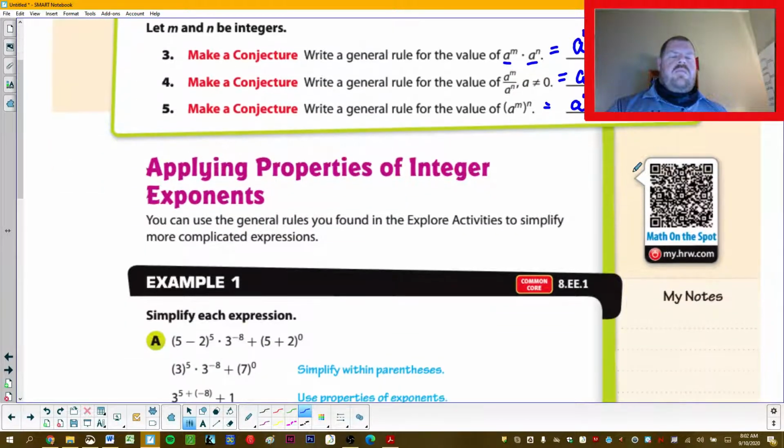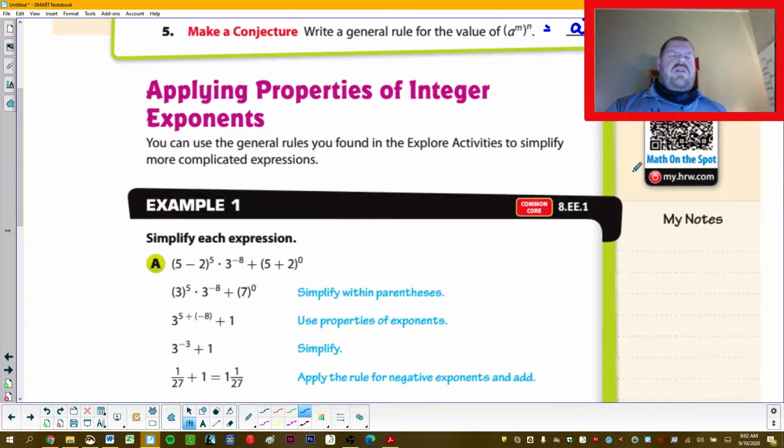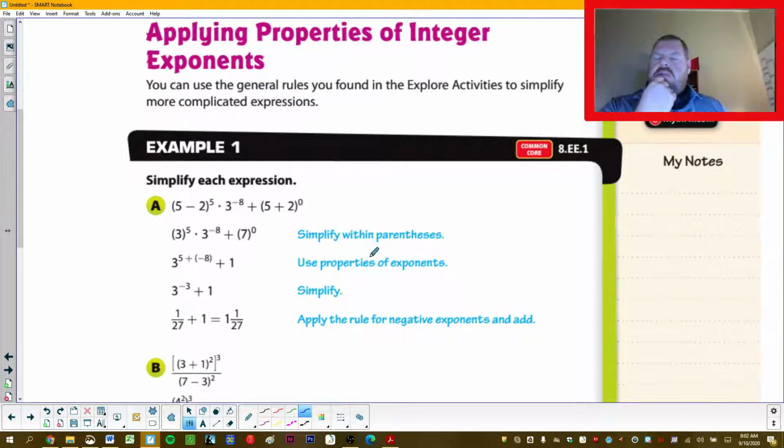Okay. So here we see a couple examples. And now I know that there's some other operations here. It's not all multiplication, but we can still use our ideas of exponents in order to get this right. So looking at this problem, we go 5 minus 2. That gives us 3.